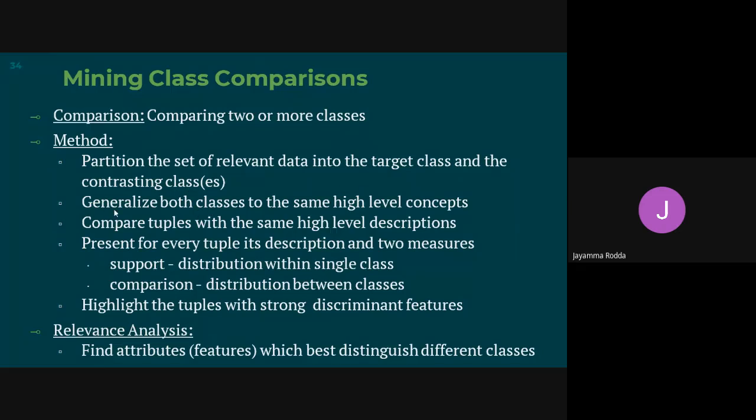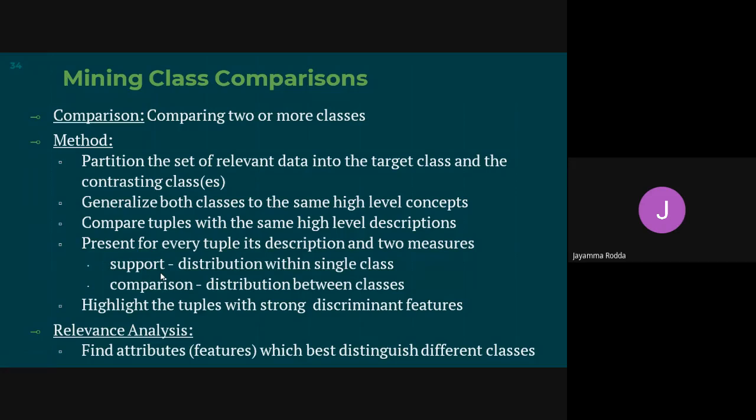Next, we compare tuples with the same high level descriptions. The tuples should also have the same descriptions. Next, present for every tuple its description and two measures. Whenever we are trying to compare two tuples, these two measures should be taken into consideration.